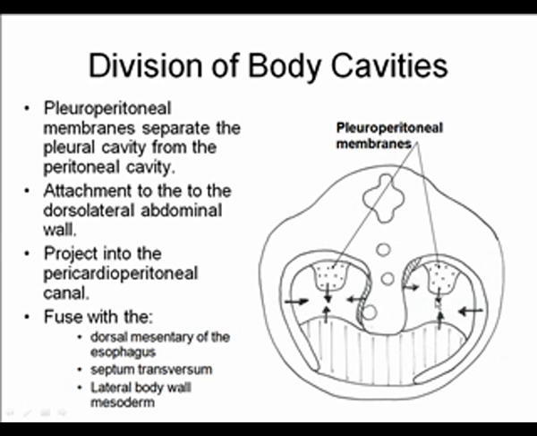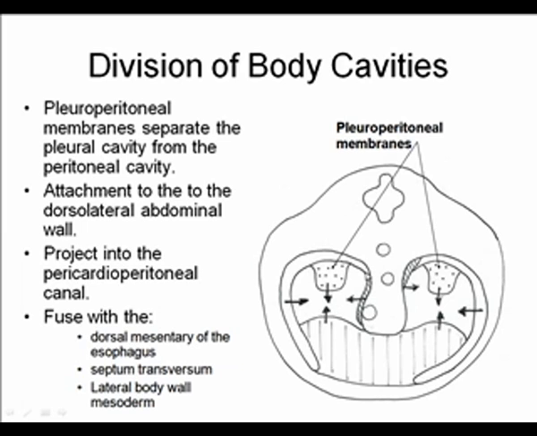The rest of the separation between the pleural cavity and the peritoneal cavity takes place in the region behind septum transversum. So septum transversum essentially separates the pericardial cavity that's formed from the peritoneal cavity.